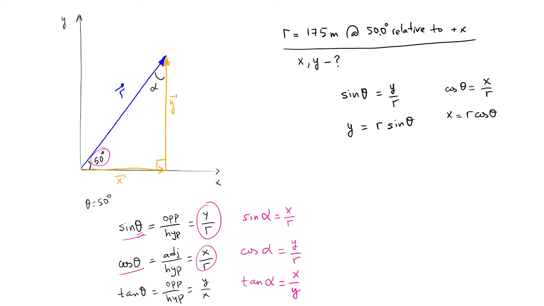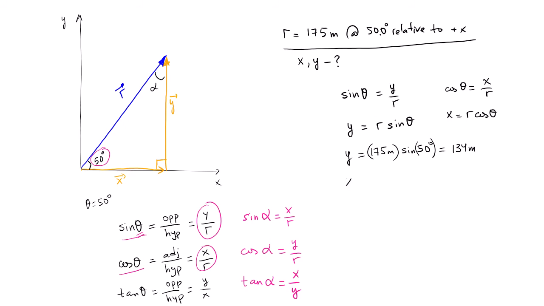All I need to do is plug in the numbers. So let's start. Y equals 175 meters times sine 50 degrees. And when we plug this into the calculator, we will get 134 meters.